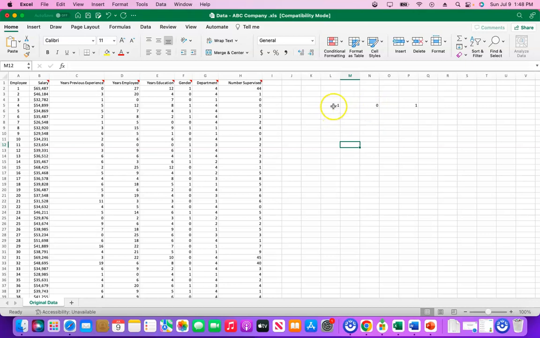From 0 to -1, we can say the relationship is negative or inverse. And from 0 to +1, we can say the relationship between these two variables is positive. When you increase one variable, the other variable will increase. While on the other side, if you increase one variable, the other variable decreases, and the opposite is true.